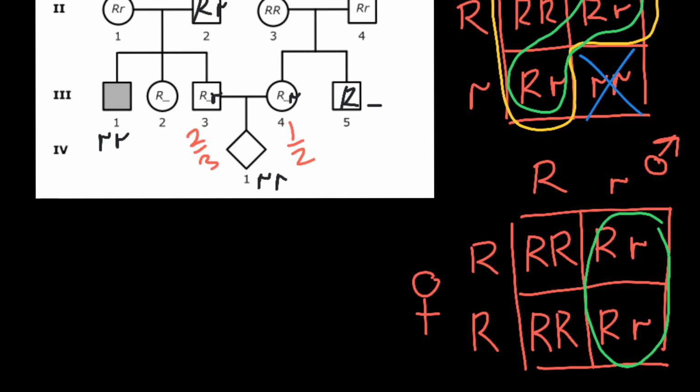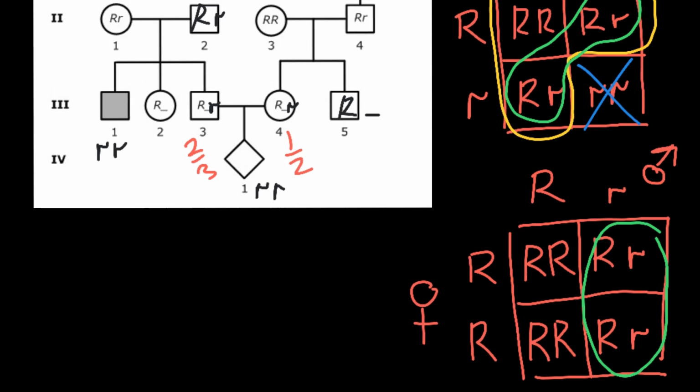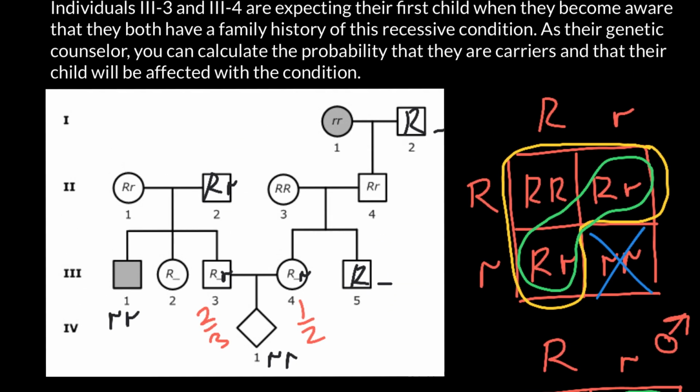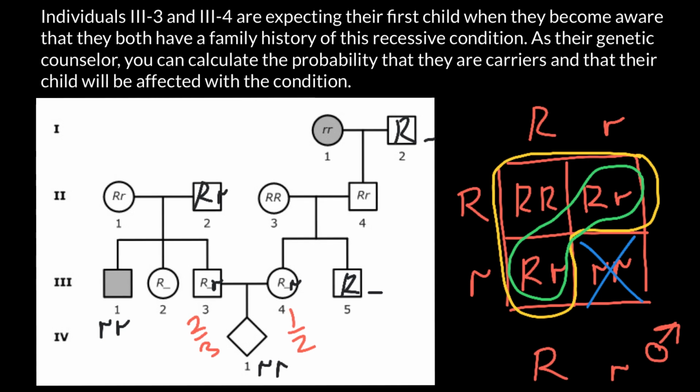So the father has a probability to be heterozygous of 2/3, and the mother has a probability of being heterozygous of 1/2. So we can use this Punnett square. If one parent and the second parent are heterozygous, we have 1/4 probability that the child would be affected. 1 out of 4.